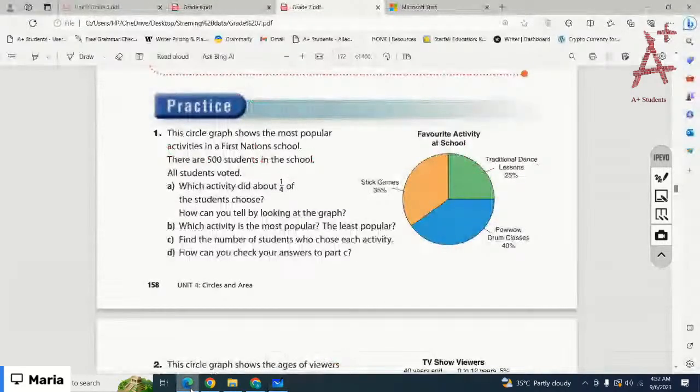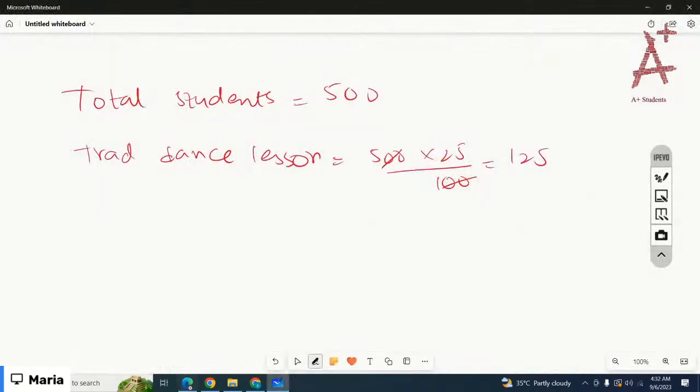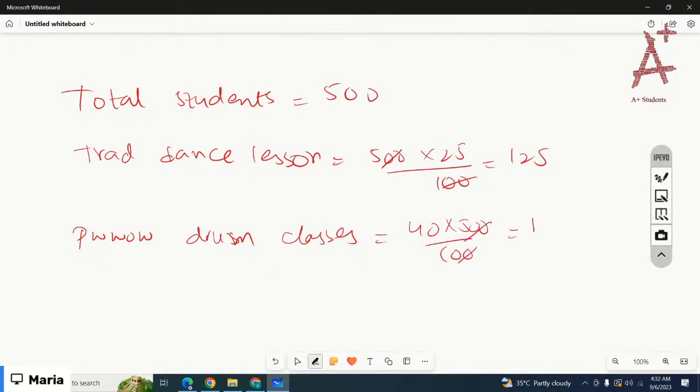The next one is 40%, power drum classes. So you have to do 40 times 500 over 100. It would be 200 of the students are doing power drum classes.